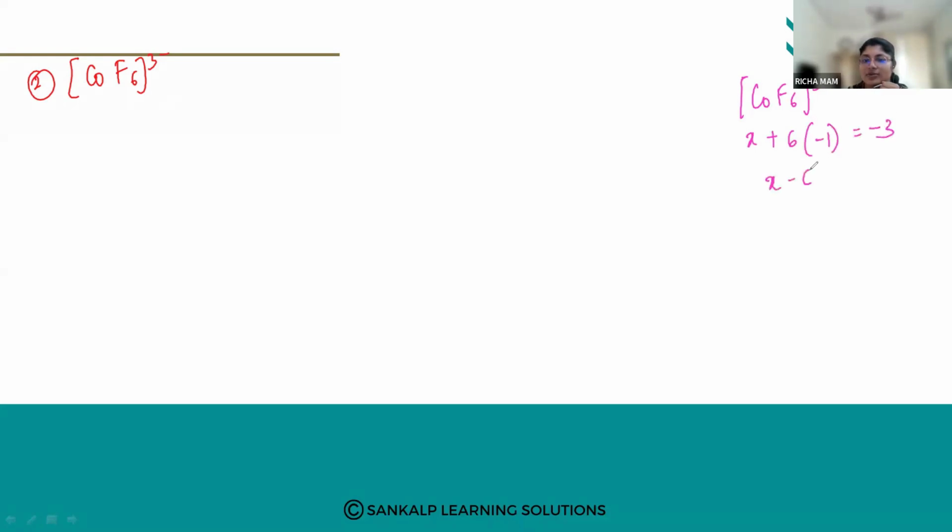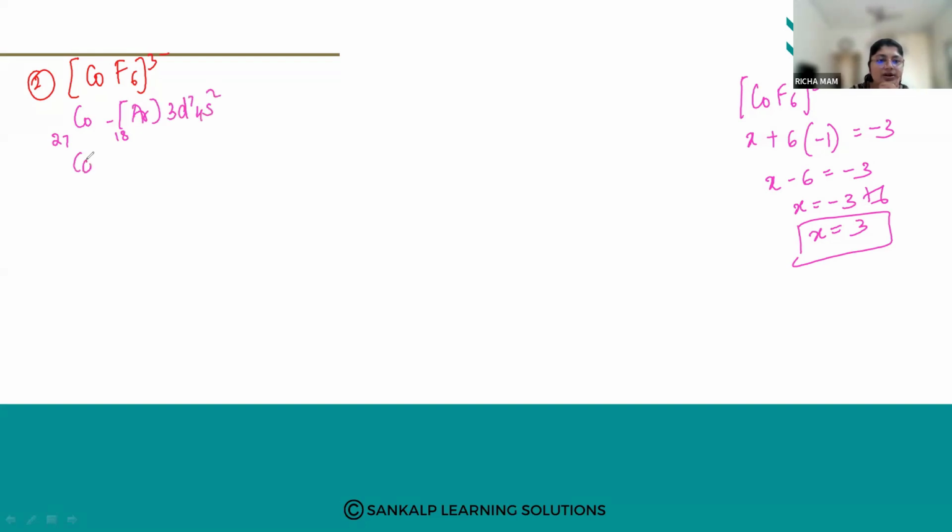So x equals -3 plus 6, so x is equal to +3. Cobalt is 27, so argon 18, then 3d7 and 4s2. When cobalt shows the +3 oxidation state, it becomes argon 18 3d6.